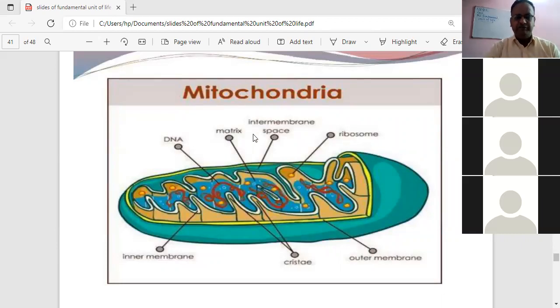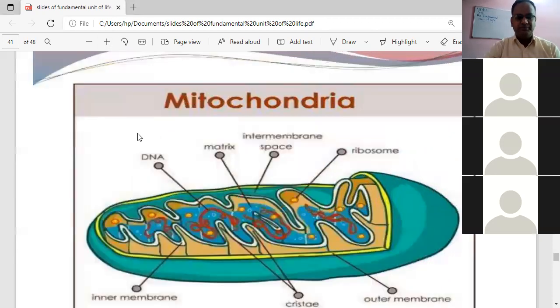If structurally we will see, the mitochondria is made up of two membranes. The mitochondria is surrounded by two membranes. Let me use a different color. This is the outer membrane, and this one is the inner membrane.